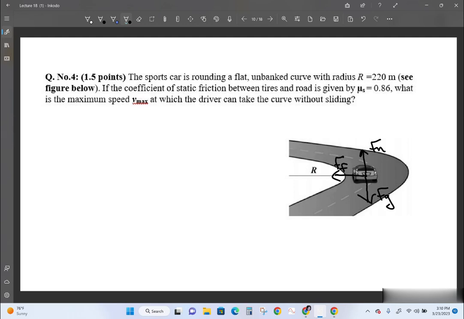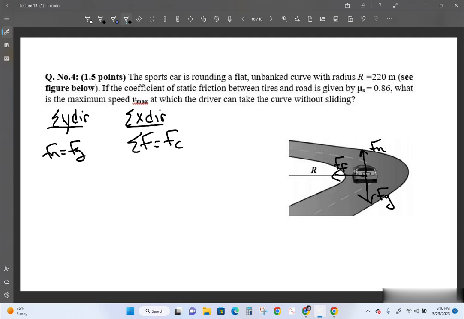And you need to know that in the y direction, Fn equals Fg because it's in equilibrium. All the forces add up to 0. And in the x direction, it is not in equilibrium.